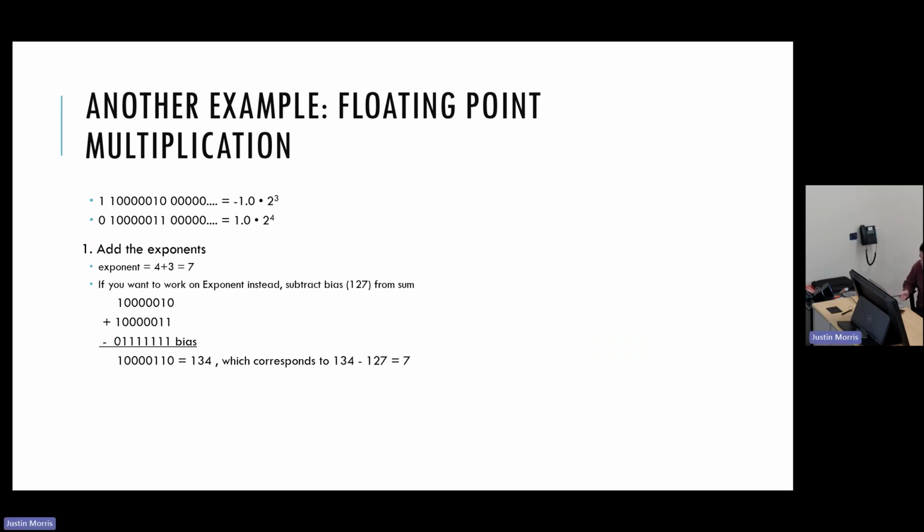You can add them together directly, right? This is the exponent, this is the exponent. So if you add them together like that, you just have to remember, I need to remove my bias by 1. And then that gives me the correct new exponent, assuming that I don't need to normalize in the end, which has the bias in it.